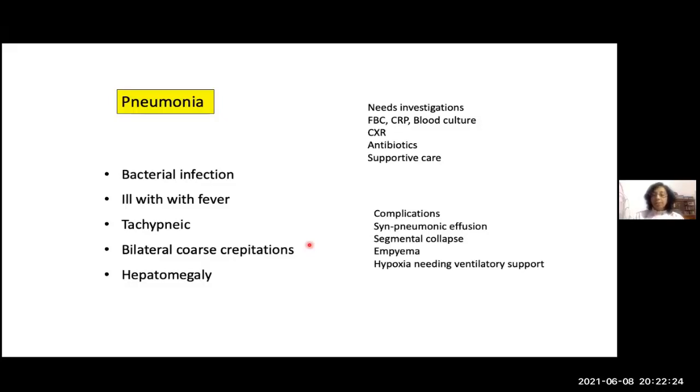From the complications point of view, they can develop effusions associated with the pneumonia, collapse, empyemas, and also hypoxia like in bronchiolitis. And we have to treat these babies with antibiotics. Right? So that is why we need to differentiate these two conditions.